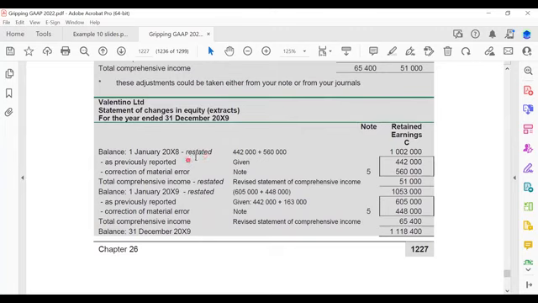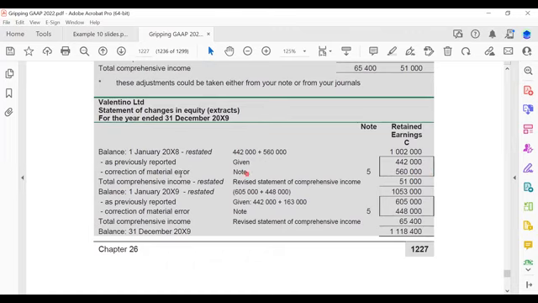Then you'll see the words restated along with 2 extra line items as previously reported. So if they pick up the previous year's financial statements, they will see this is the amount that we had previously. What has changed? We've corrected a material error here of 560.